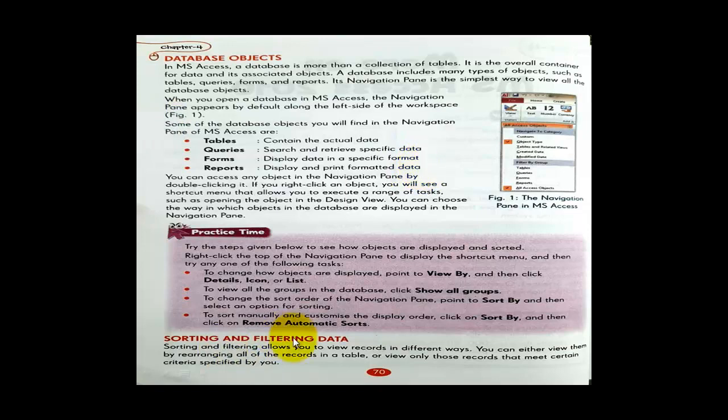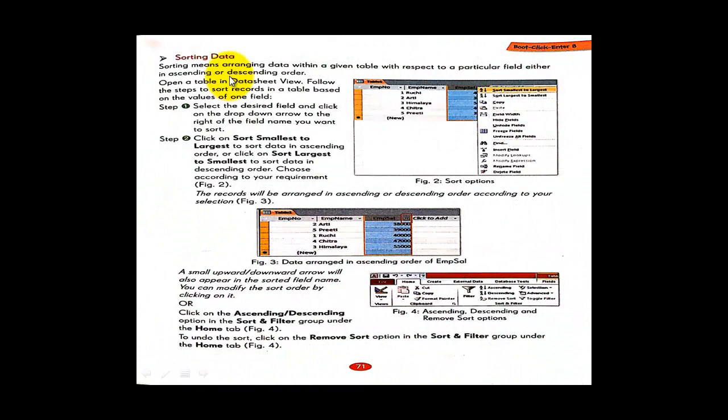And after that, sorting and filtering data. In sorting you can sort from smallest to largest, that is in ascending order, or from largest to smallest, that is in descending order. You can modify it after sorting also by clicking on the upward and downward arrow just to the right of the sorted field here.